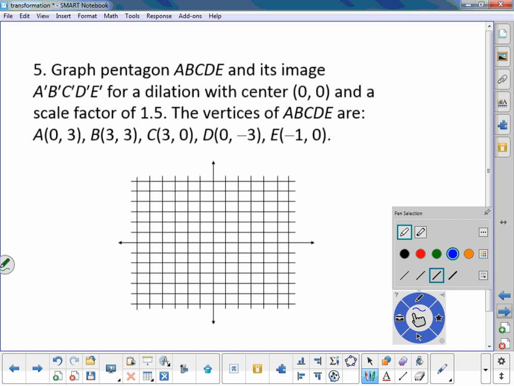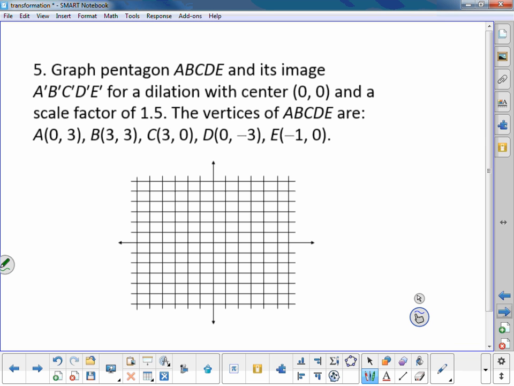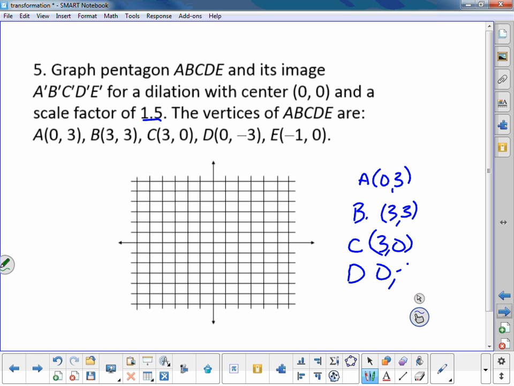Now, it is saying graph a pentagon and its image with a dilation of 1.5. So let's go ahead and put A as 0, 3, B as 3, 3, C as 3, 0, D as 0, -3, and E as -1, 0.